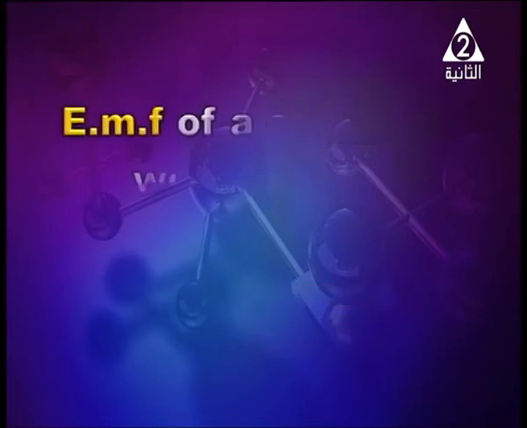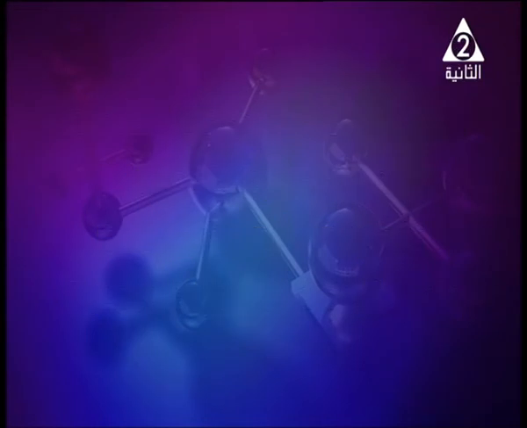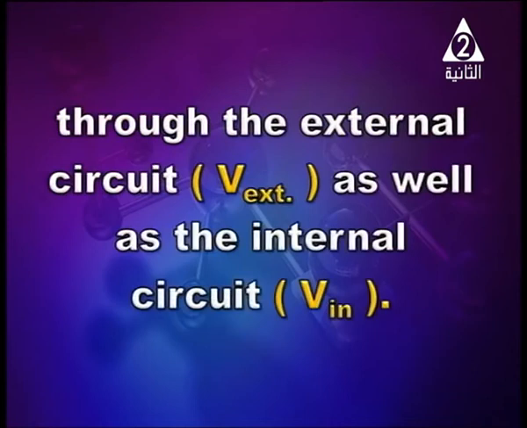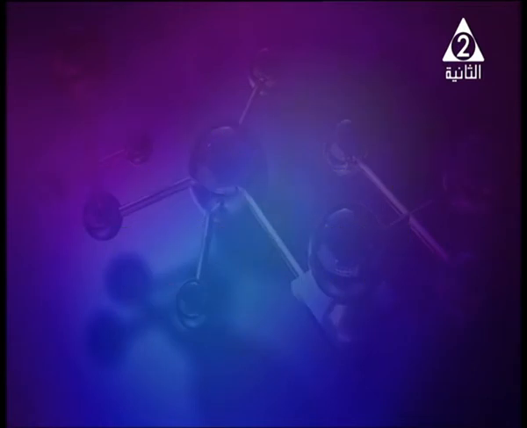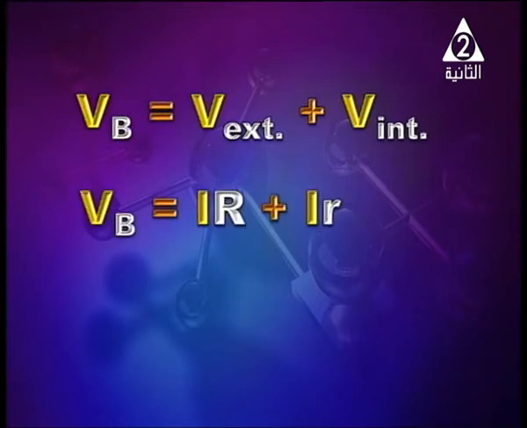EMF of a cell is the work to transfer one coulomb through the whole circuit, through the external and the internal. So it is equal to V external plus V internal. V battery equals V external plus V internal, so it is equal to IR capital plus IR small.